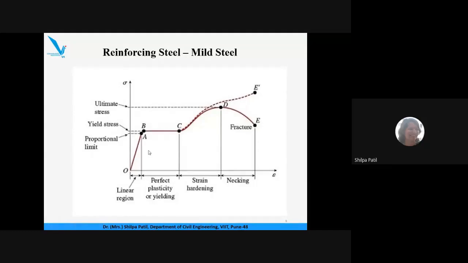Now, if you are getting a linear portion in the stress strain curve for HYSD bar or TMT bar, it means there is some recording problem, a problem in recording of loading and deformation, or there might be some error in the instrument itself. We never get any linear portion for the stress strain curve of high yield strength deformed bars.